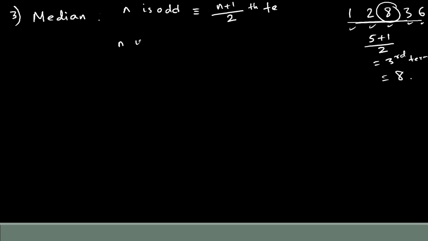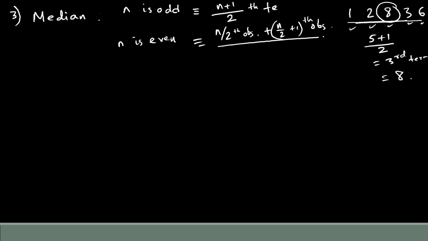Okay. Let's say n is even. What will it be? If n is even, you have to do the n by 2th observation plus the n by 2 plus 1th observation, and divide that by 2. Basically, let's say you have similarly 1, 2, 8, 3, 6, 5. Now you see you have 6 numbers, 1, 2, 3, 4, 5, 6.